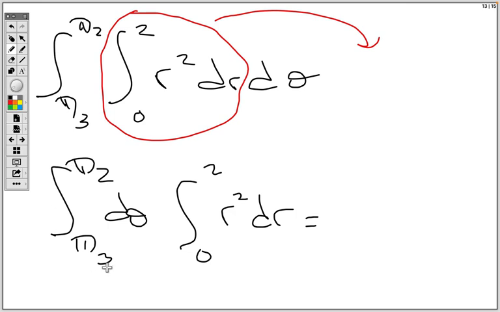And so the first integral, we're just getting pi over 2 minus pi over 3, which is pi over 6. And then the second integral, you would just integrate that as usual. You'd get your 1/3 r cubed, plug in the 2, plug in the 0.